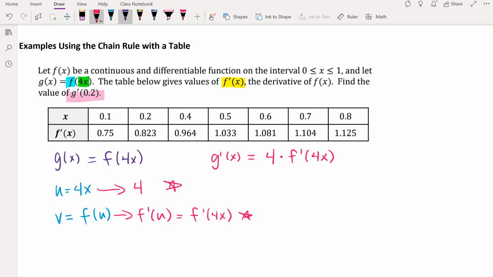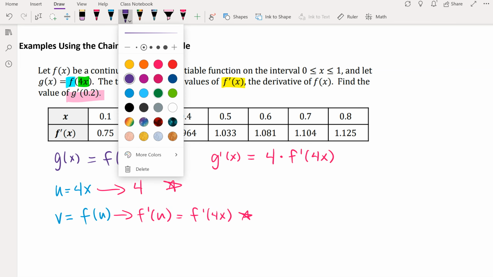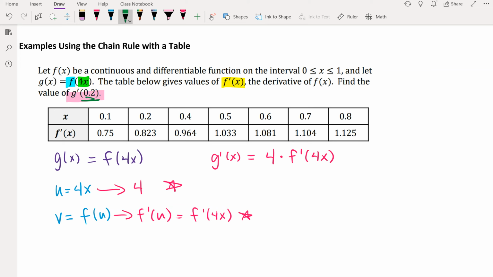Awesome. Now we can take our x value and plug that in. So g prime of 0.2 equals 4 times f prime of 4 times 0.2. Well, what is 4 times 0.2? That would be 0.8.